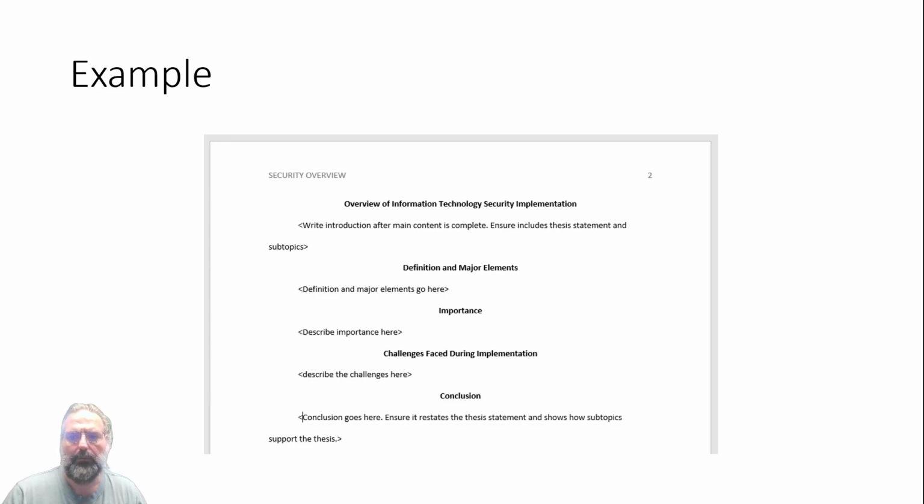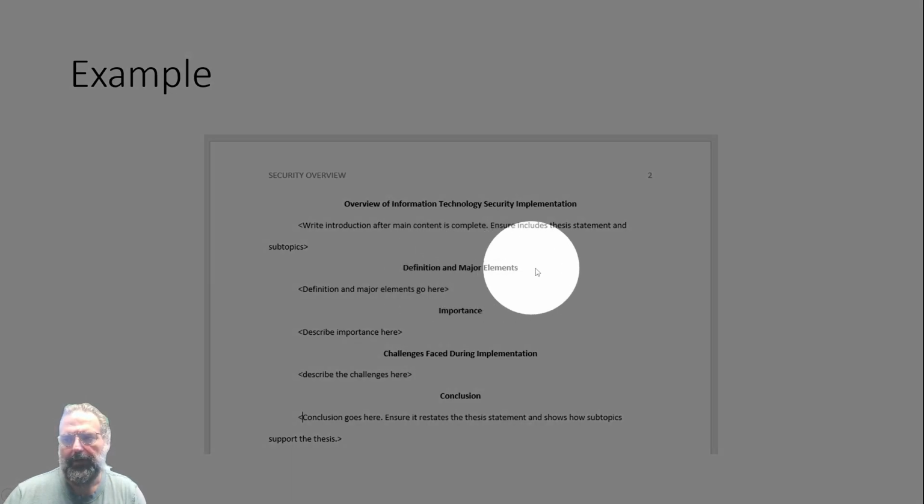I put a little reminder for myself in each one of the sections to tell me what I need to do. And I do so for the conclusion and so on. So this is basically transforming from your outline to the headings. Notice everything here is centered because these headings are heading level 1, right? So this right in through here is heading 1.